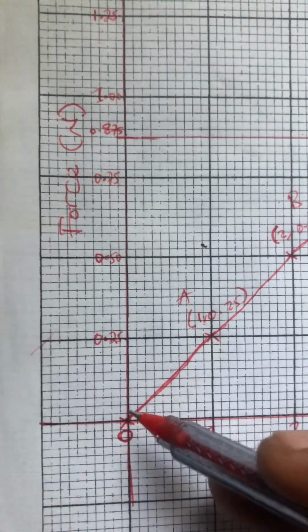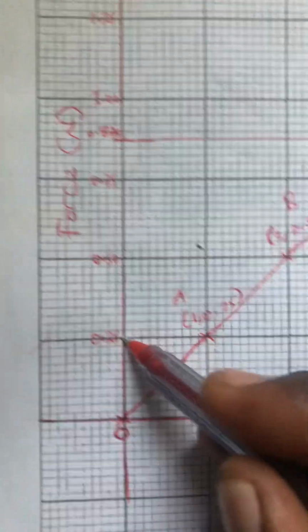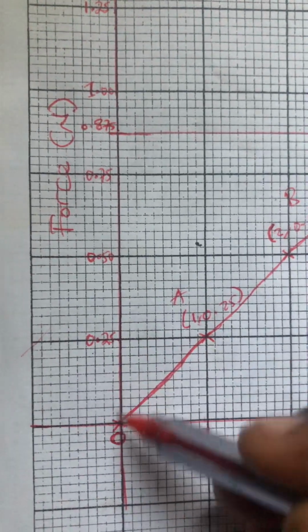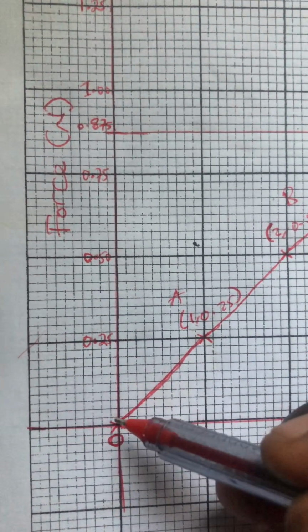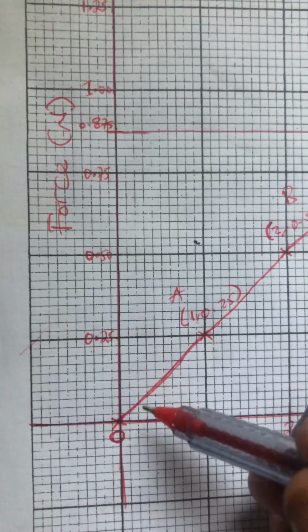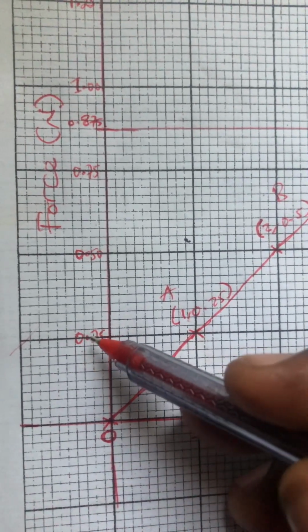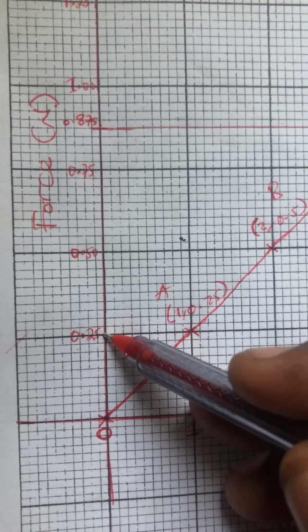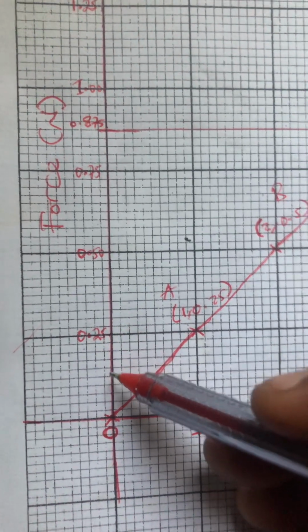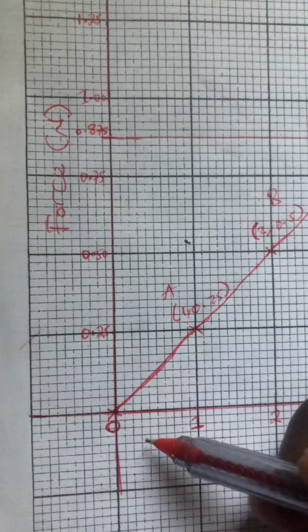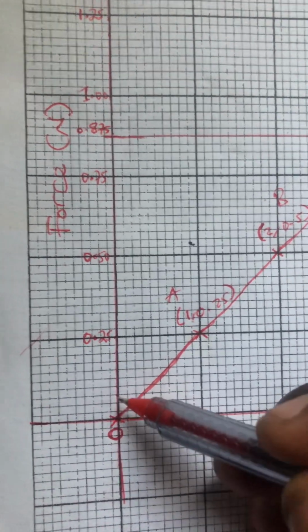From 0 to 0.25, we have 10 divisions here. For me to know what each division represented, I divided 0.25 by 10. After dividing, it gave me 0.025, so each division was representing 0.025.